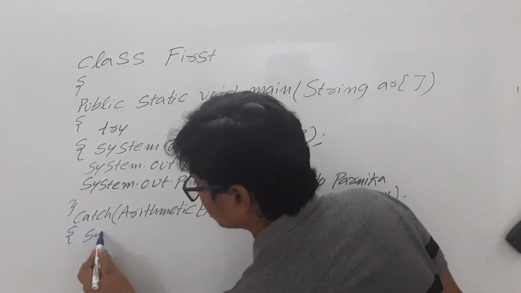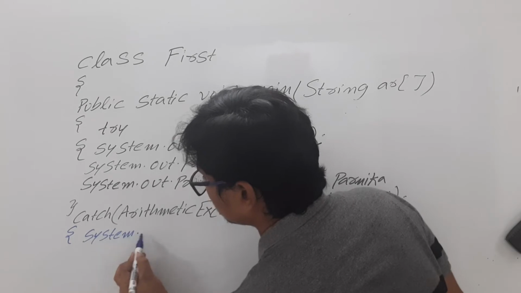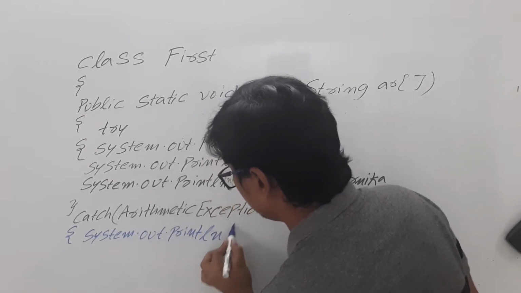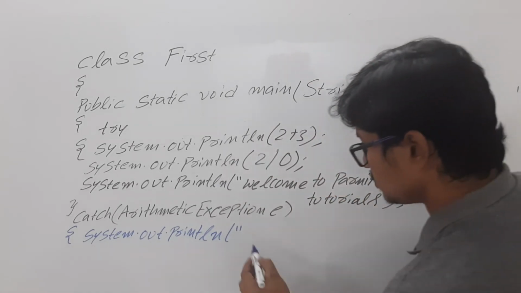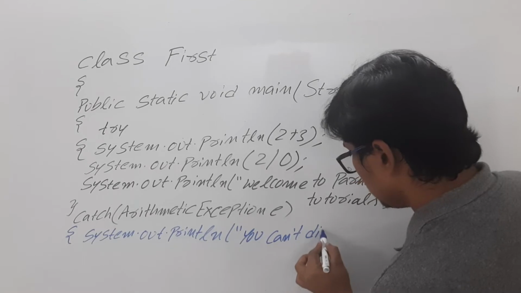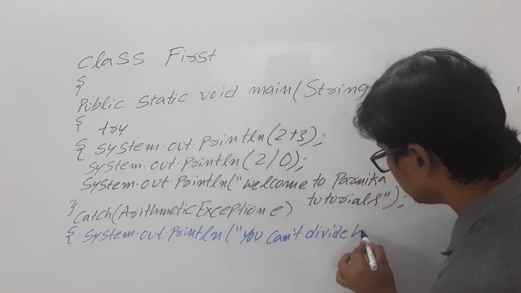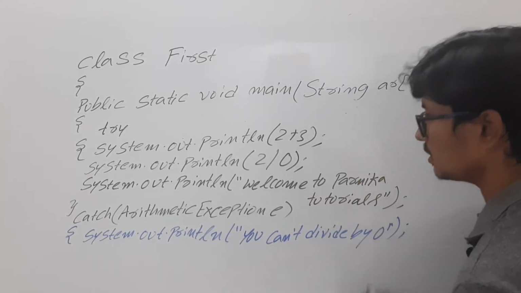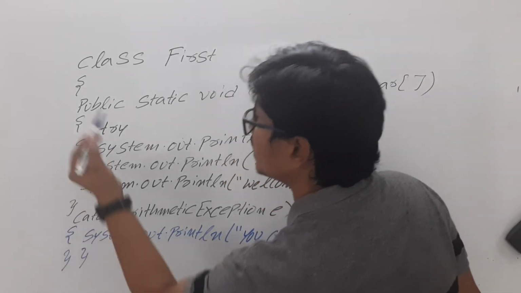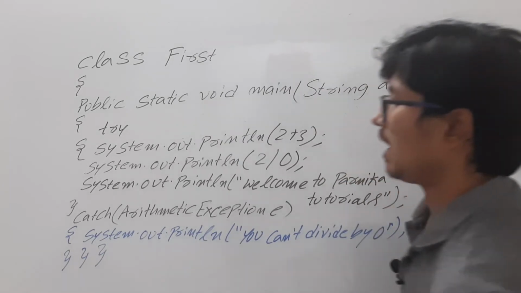I want to perform another statement. I want to display a statement like you cannot divide by 0. Let me simply write it like that, and let me close the catch block, close the main method, and close the class.